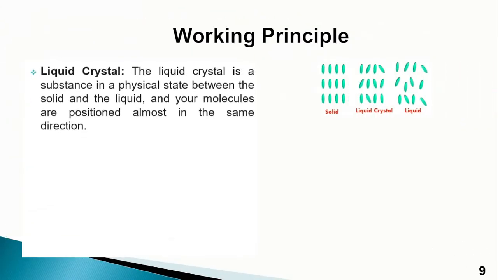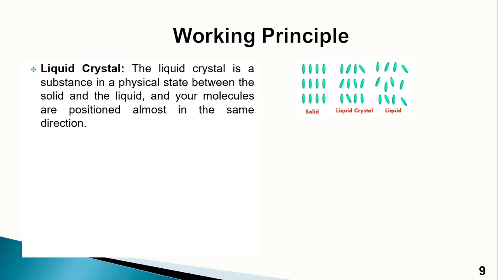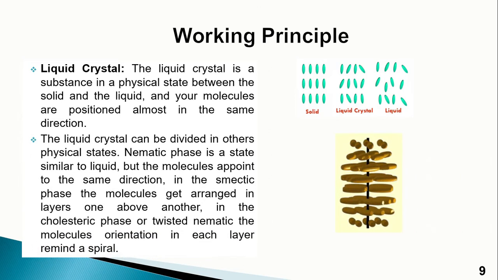Liquid crystal. The liquid crystal is a substance in a physical state between the solid and the liquid, and the molecules are positioned almost in the same direction. The liquid crystal can be divided into other physical states.